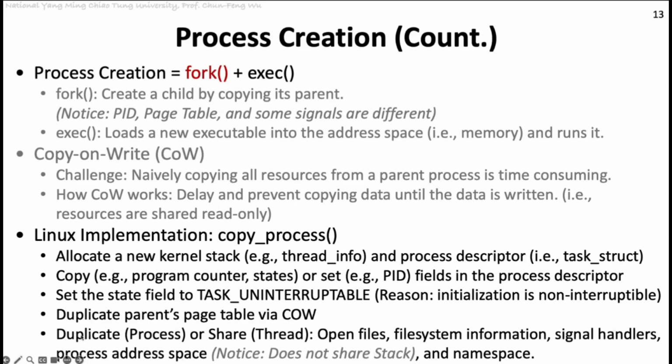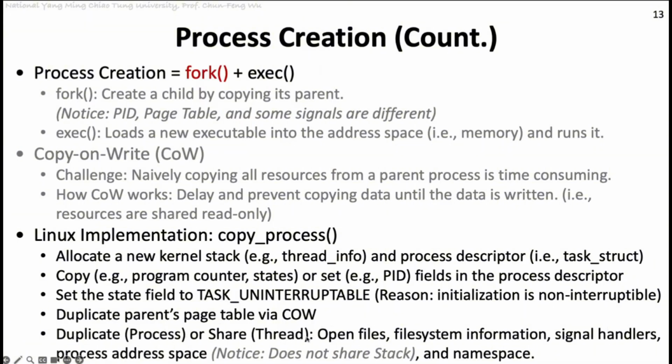If there's an update, we do the copy on write for the process, so eventually most of the resources are duplicated and become new ones for a new process. But not for threads, because threads usually share most of the information. For example, open files, signal handlers, and the process address space are shared between each other. So this is a difference between process and thread.